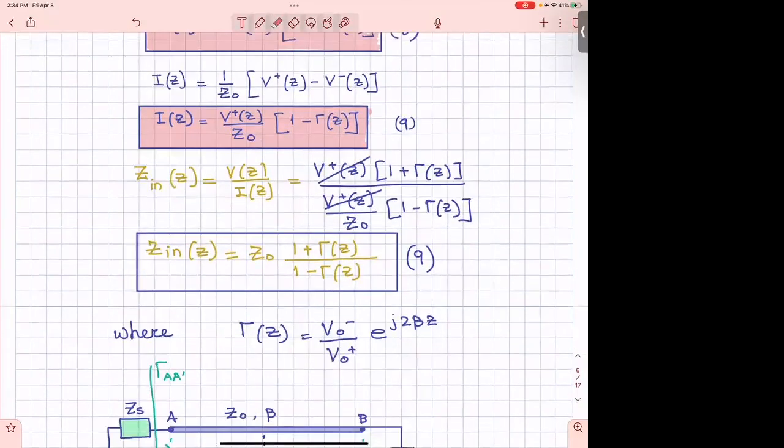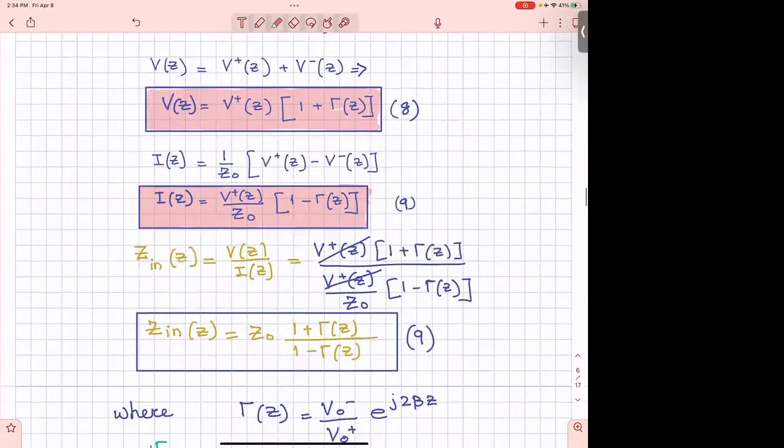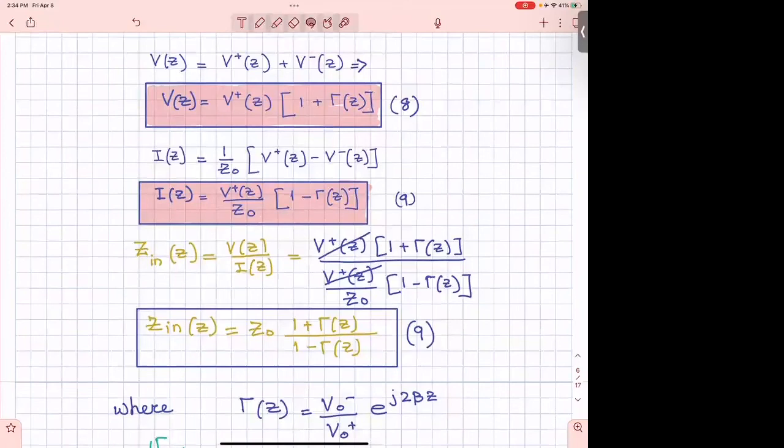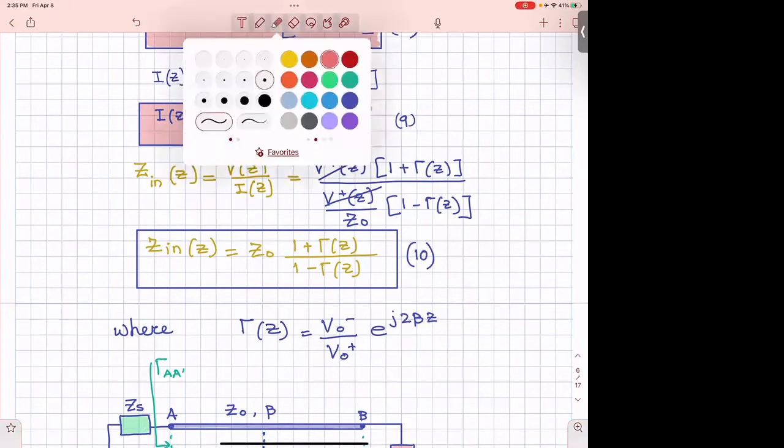Okay, so now if I take 8 and 9 and I plug them in where I have defined the input impedance, what I can do is find a new expression for the input impedance, which is in the form of the reflection coefficient. That's very important. This is the most important of all, if there is such a thing.